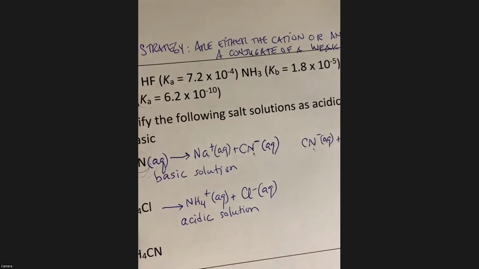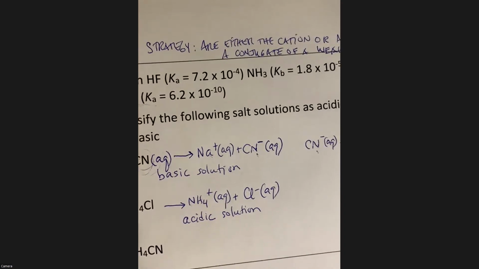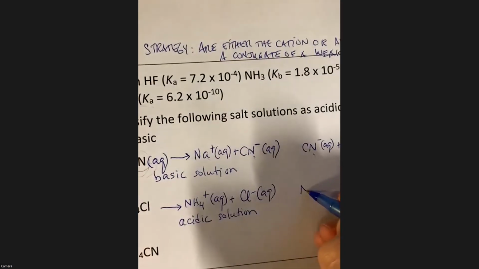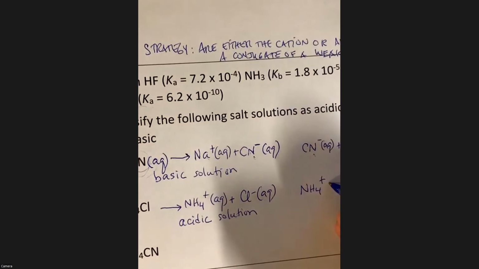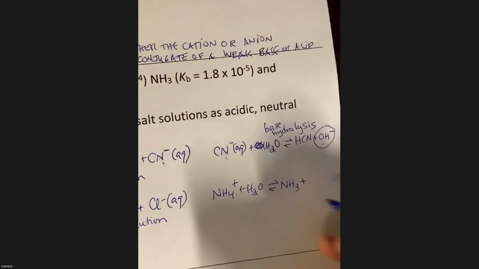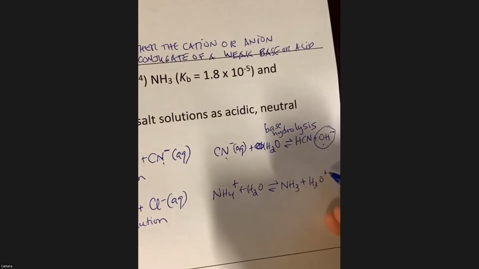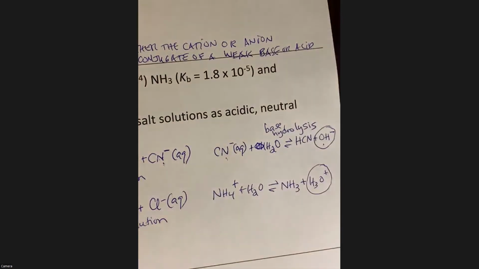It donates a proton. NH4 is the conjugate acid of this base, and it donates a proton to water, gives me back NH3, and then I get H3O+. There you go.